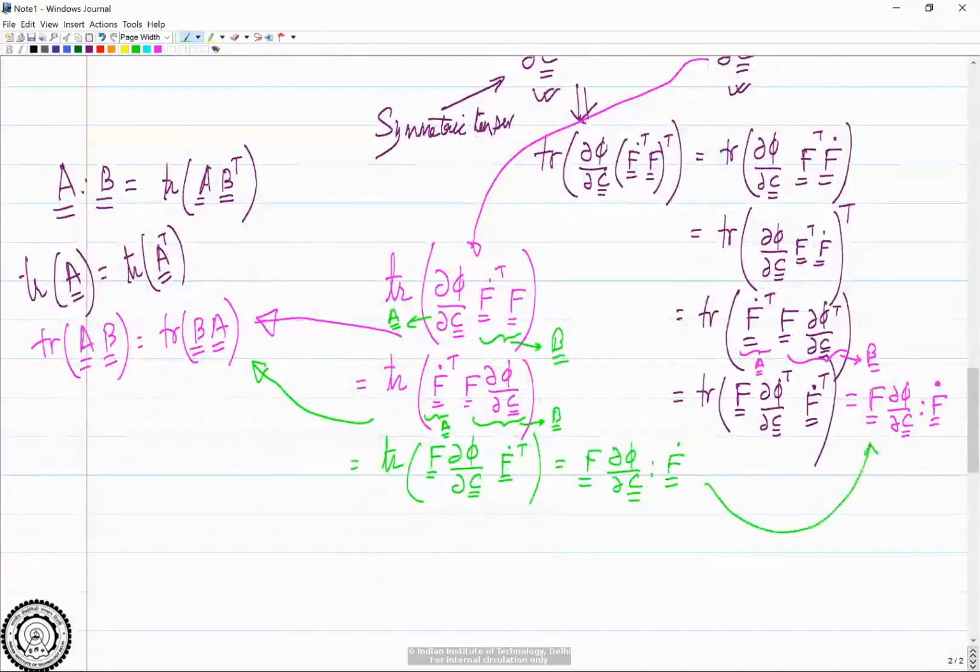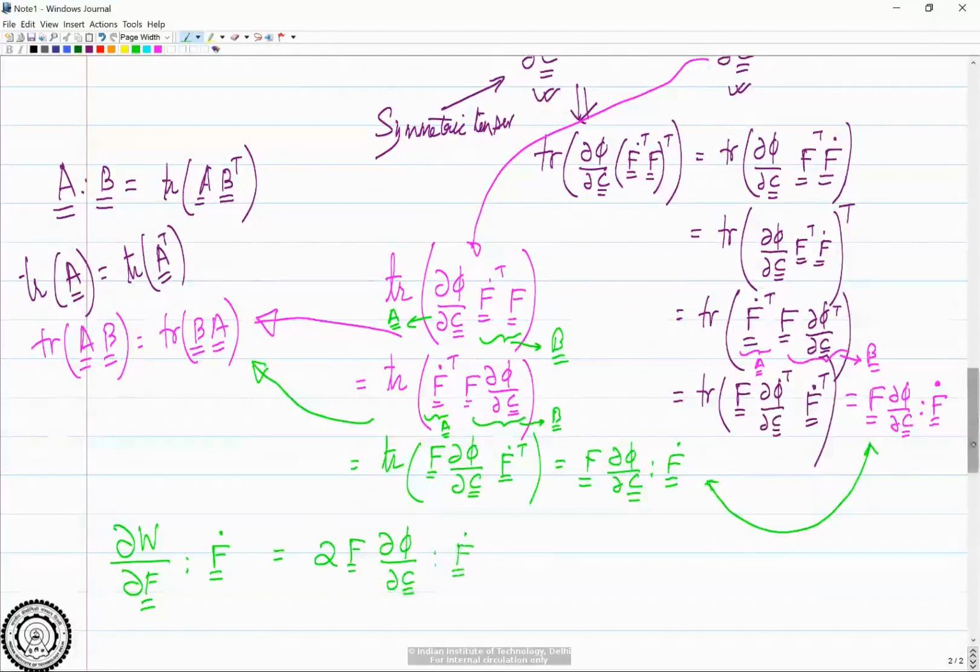And you see both are the same. So it's just twice of it. So what we have proved is that del W by del F double contraction F dot is equal to 2 times F del phi by del C double contraction F dot.